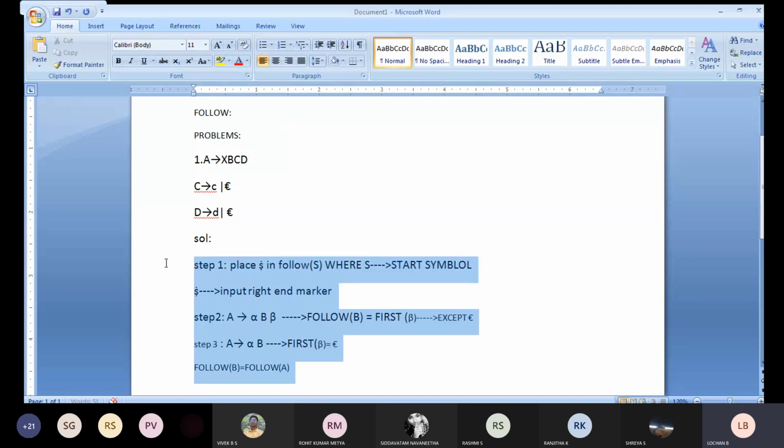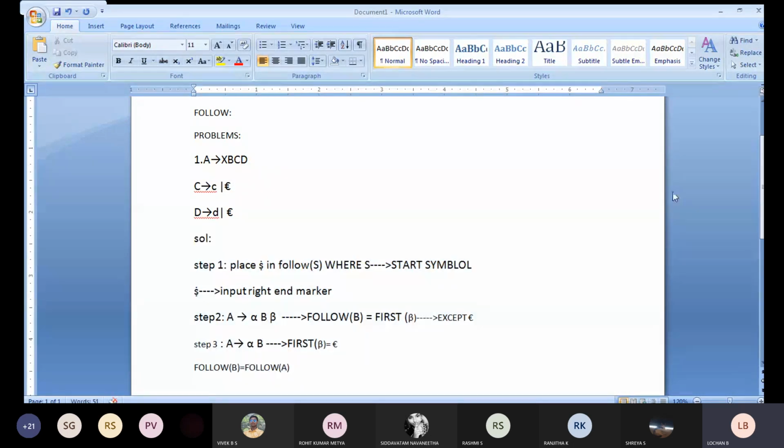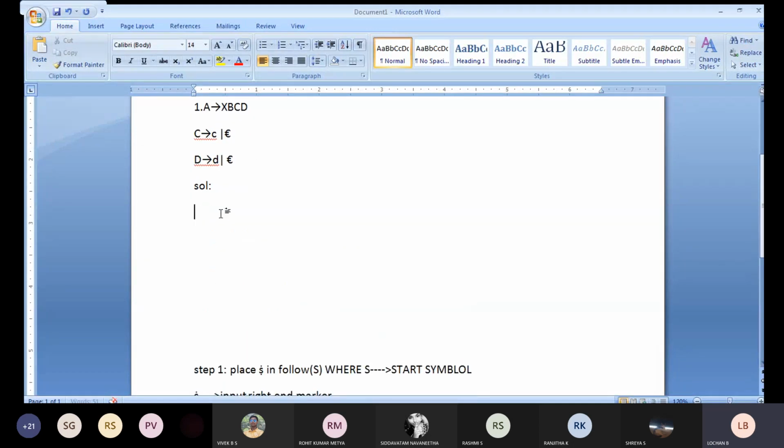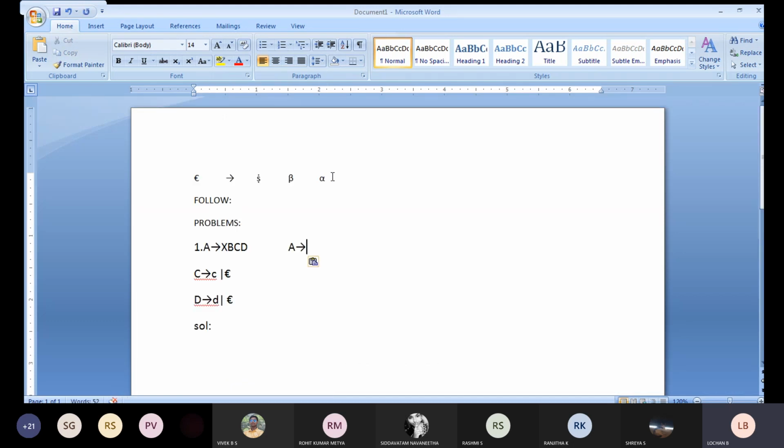We will be solving the exact problem solution. A implies X, B, C, D. In this particular case, you are going to get the form A implies alpha B beta.